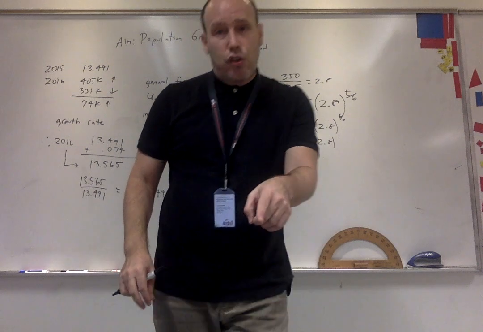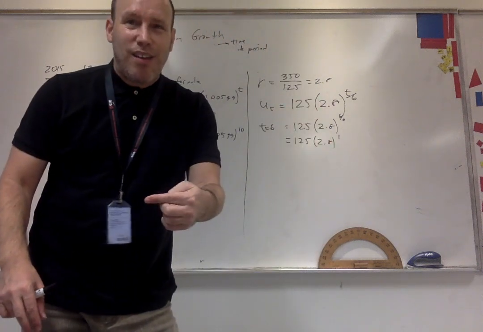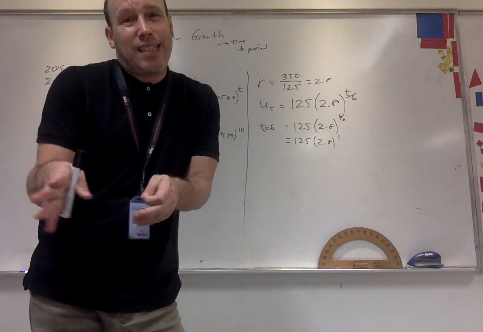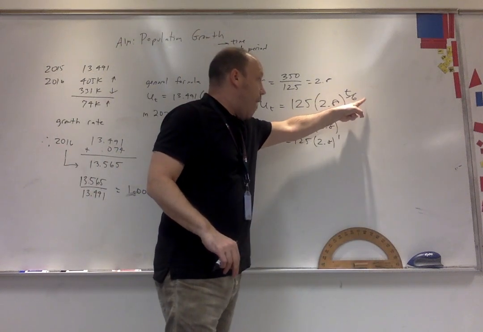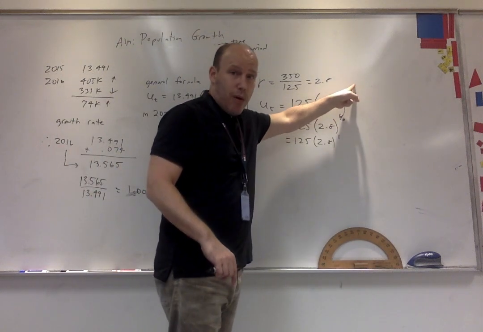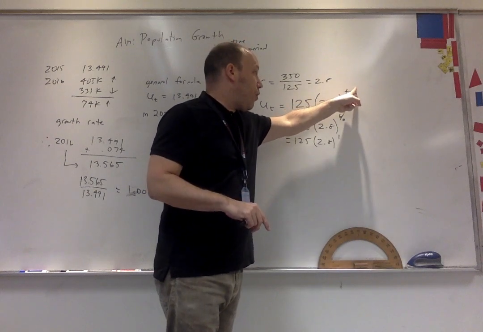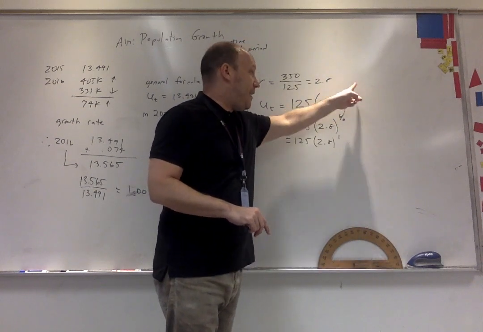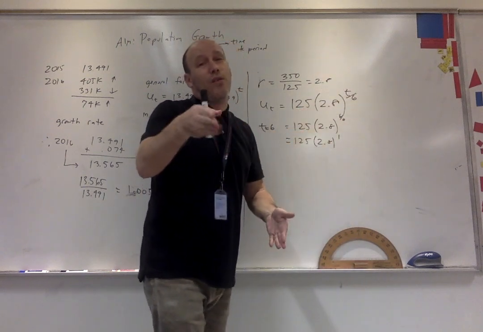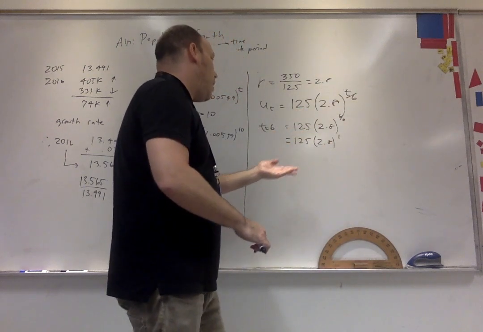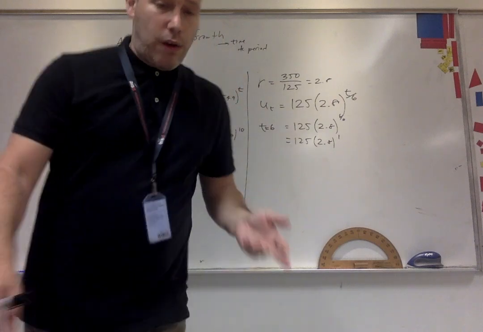What the book says to do is figure out how many periods is 6 hours. I'm like, no. Put the 6 down here, and then the first 6 hours, it's 1. 12 hours, 2. 18 hours, 3. 24 hours, 4, etc., etc. And so, that's our formula.